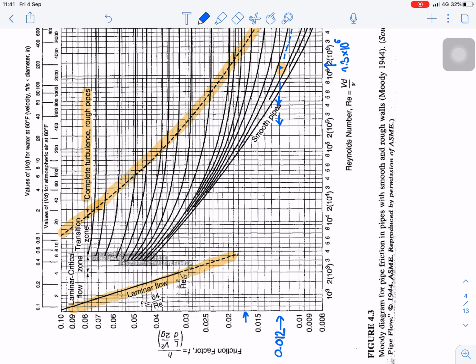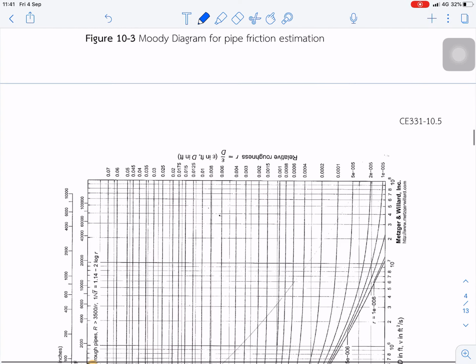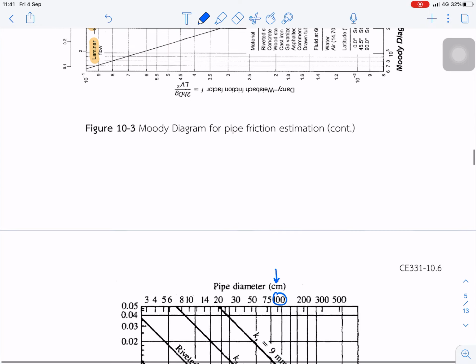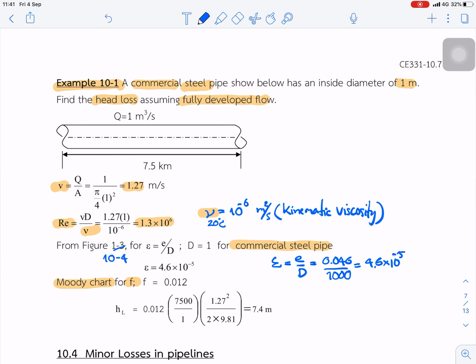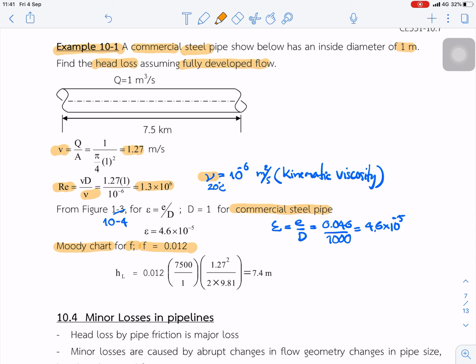Okay, the friction factor is 0.012. And next we put it in the equation, and we read that the friction factor is equal to 0.012, and we can estimate the head loss is equal to 7.4 meters.